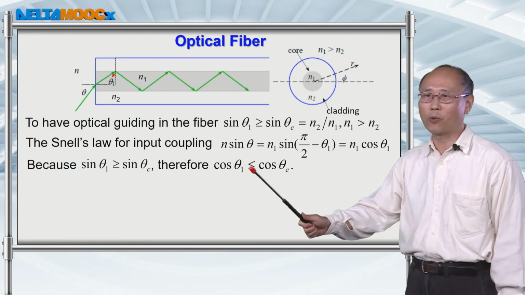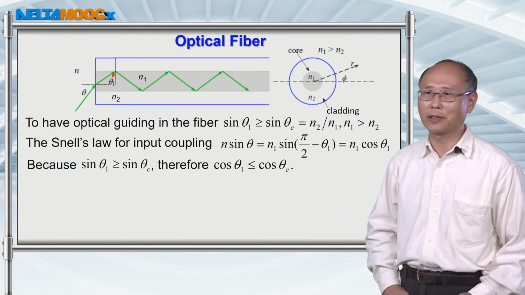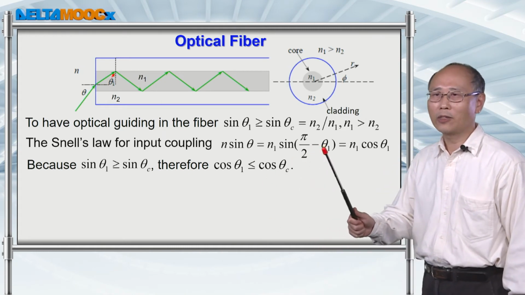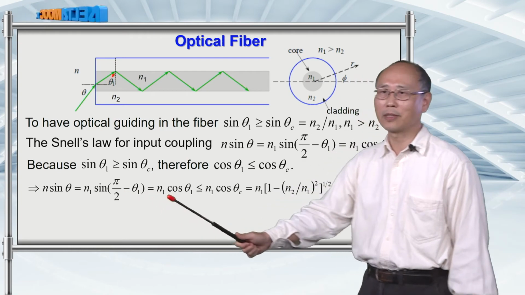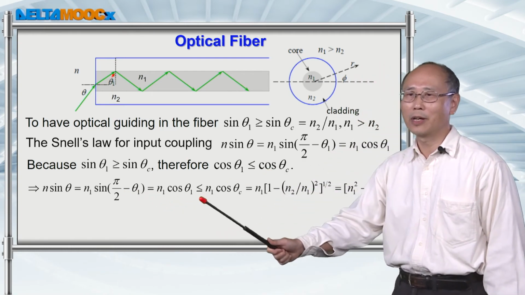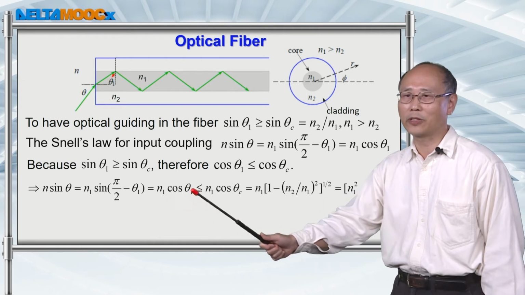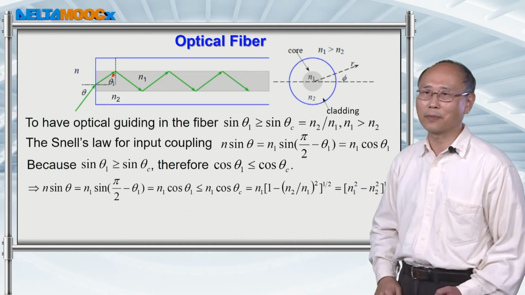So cosine theta 1 has to be less or equal to cosine theta c. Then you copy down this expression to this, and then put the condition into this expression. So you have this expression less or equal to n1 cosine theta c.